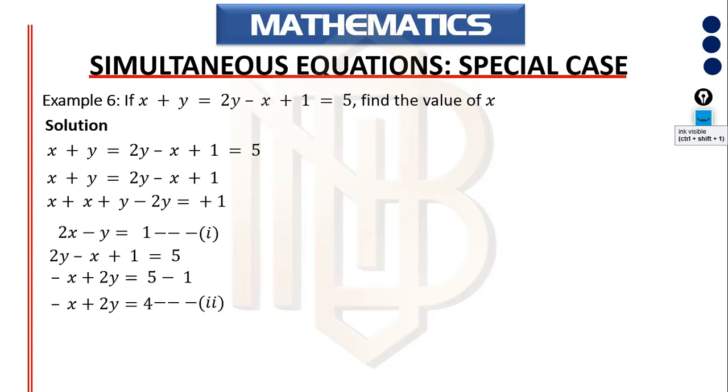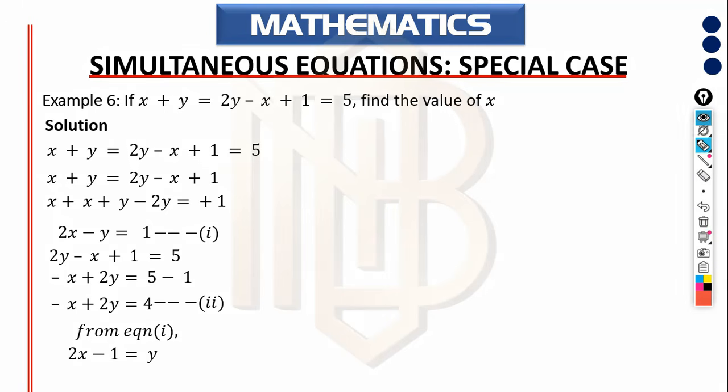So what do we do next? We solve them simultaneously. If we were to use the substitution method, we can say from equation 1, 2x minus 1 equals y.